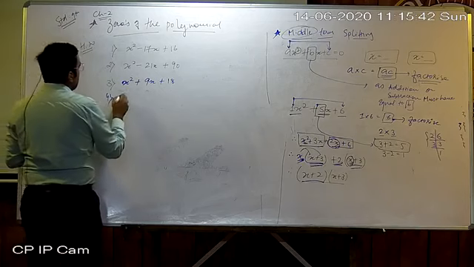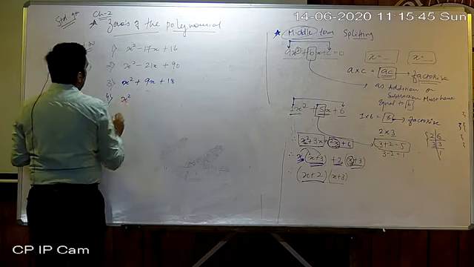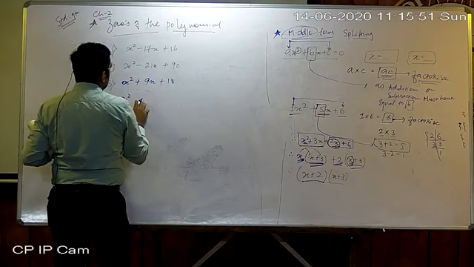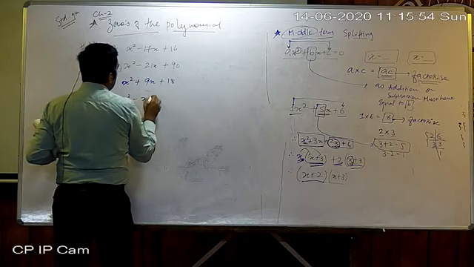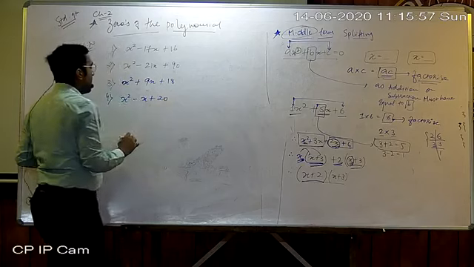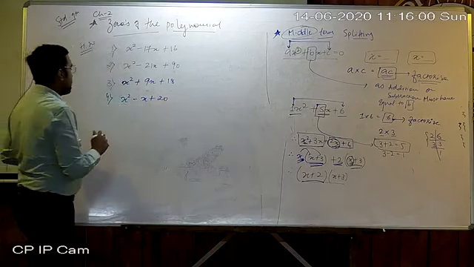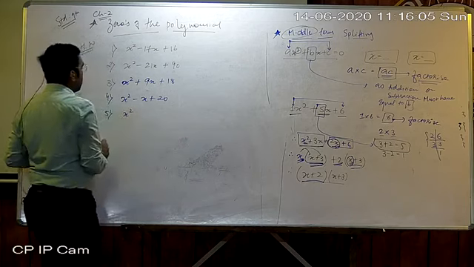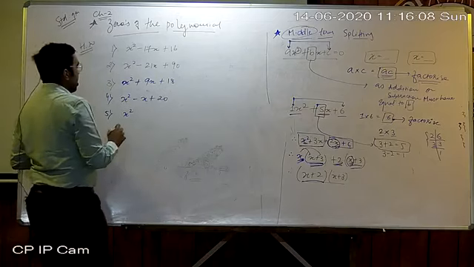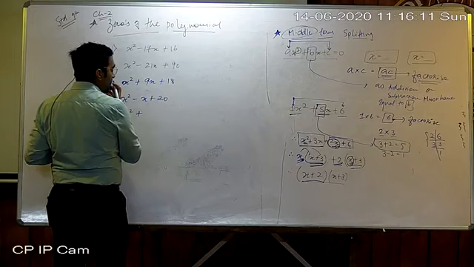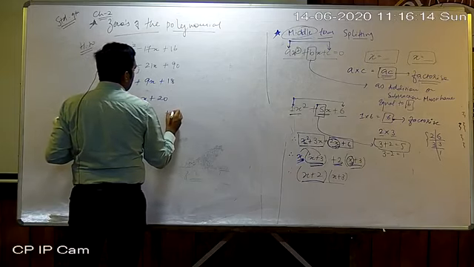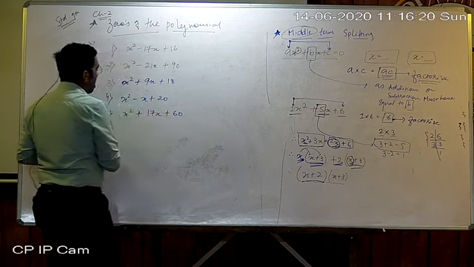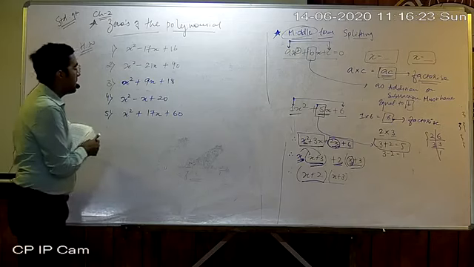Fourth one is x square minus x plus 20, and fifth one is x square plus 17x plus 60.